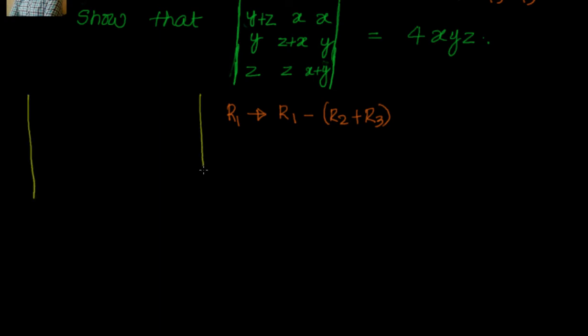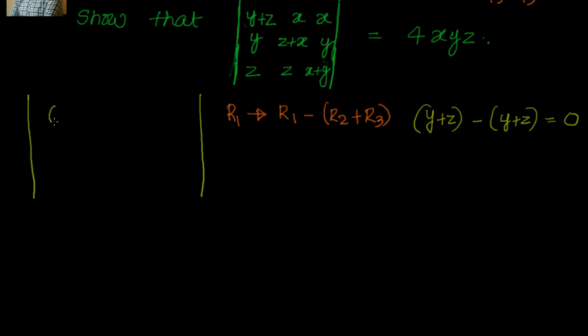R1 is y plus z minus of R2 plus R3. So I will have y plus z minus of y plus z, and you can see that's equal to 0.